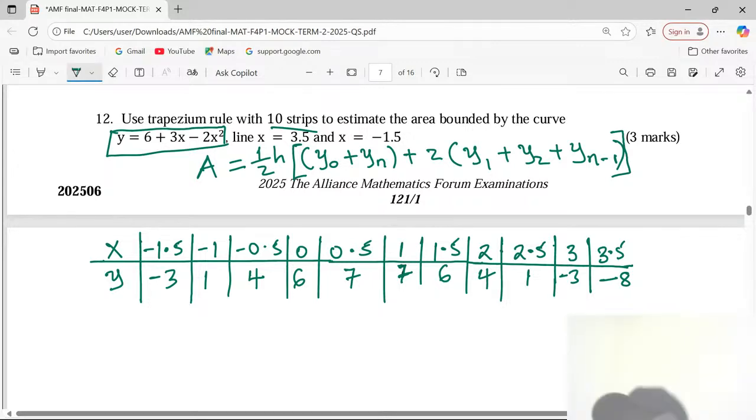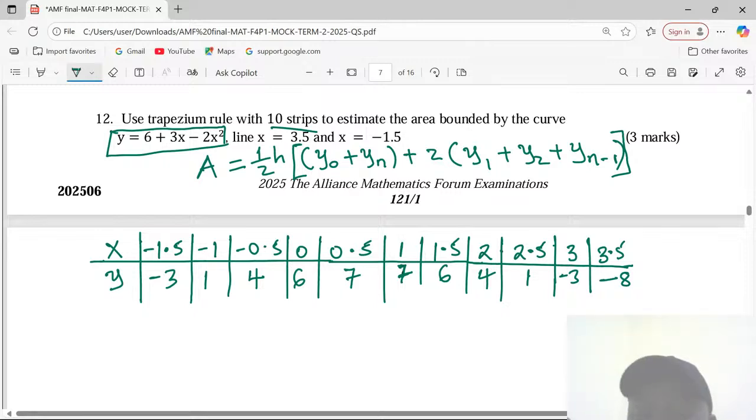Now, we are supposed to know something here. We are finding area. Therefore, these values of y which are negative, the negatives are supposed to be ignored. The reason why we ignore negatives and use the absolute values is because the sign of y here is just to tell us that this value of y is on the lower side of the x-axis.